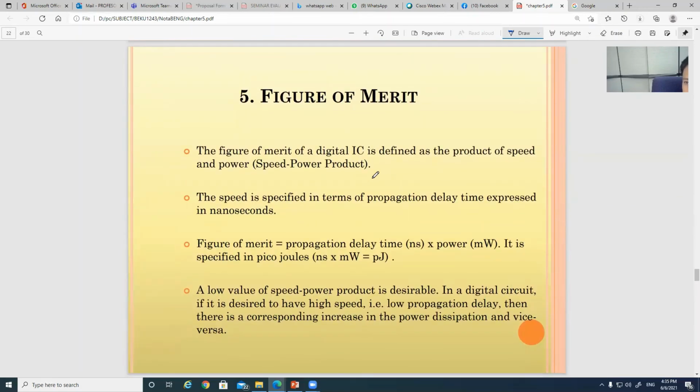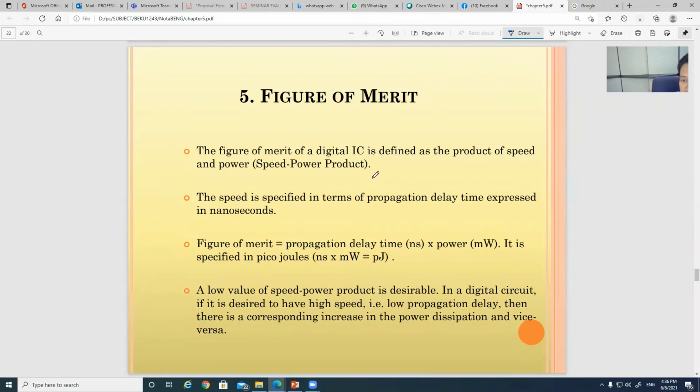The next characteristic of the IC is the figure of merit. The figure of merit of the digital IC is defined as the product of speed and power, which we can call the speed power product. The speed is specified in terms of the propagation delay time expressed in nanoseconds.